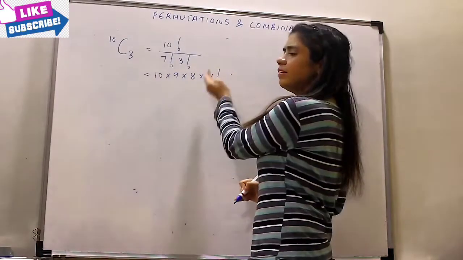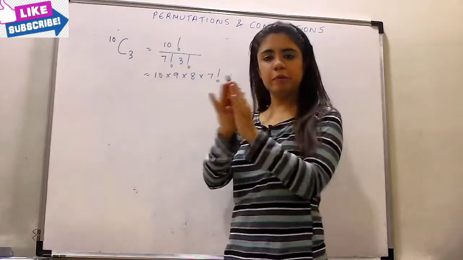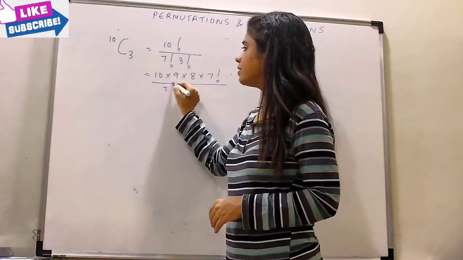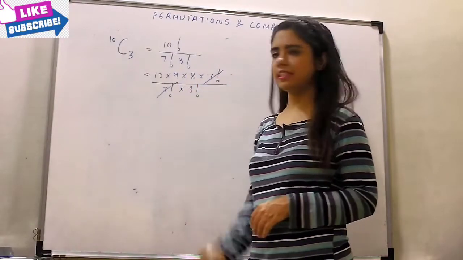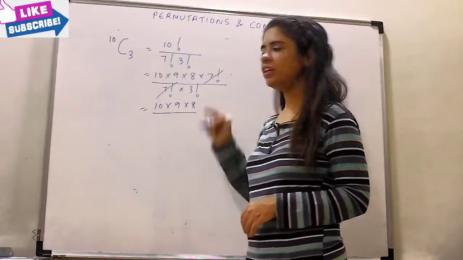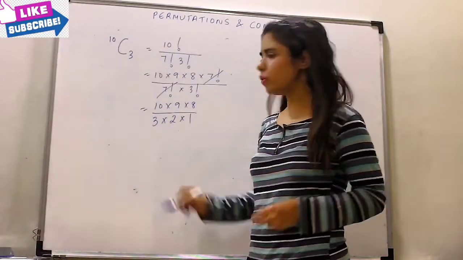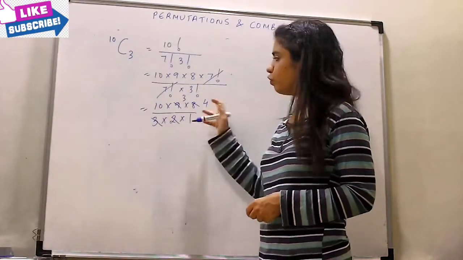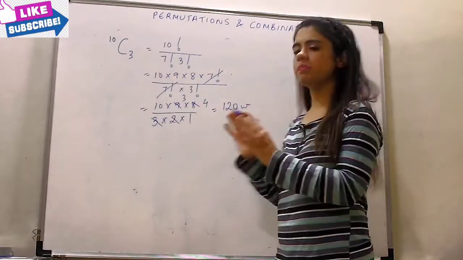What is 7 factorial? 7 into 6 into 5 into 4 into 3 into 2 into 1. So 10 factorial can be broken down as 10, 9, 8 and 7 factorial upon 7 factorial into 3 factorial. My 7 factorial gets cancelled. This becomes 10 into 9 into 8 upon 3 factorial, which is nothing but 3 into 2 into 1. So 3 ones are 3, 3 twos are 6, 2 fours are 8... 4 threes are 12, 12 tens are 120 ways becomes my answer.